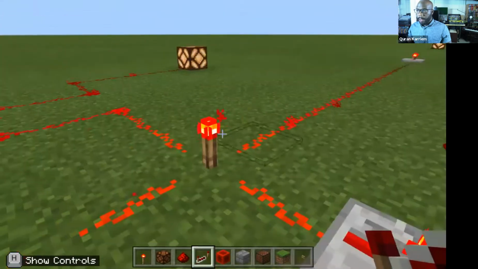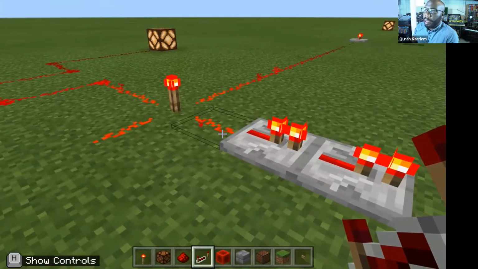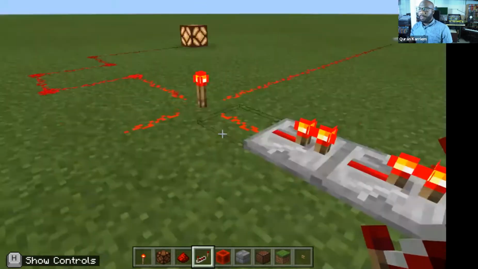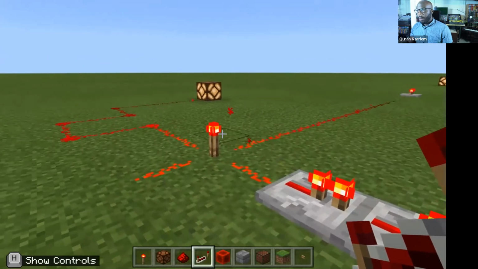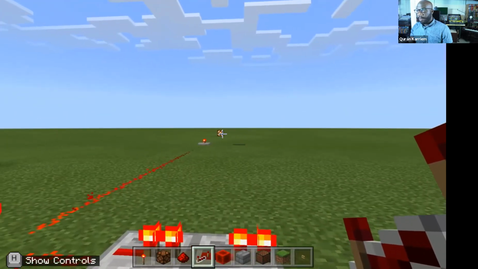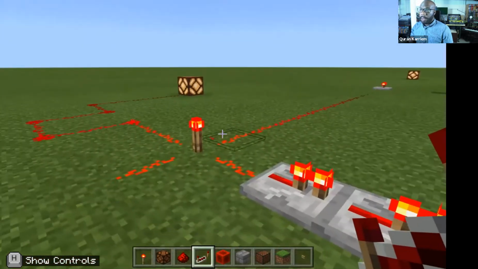So another thing that repeaters do is they delay a signal or an energy flow. So it extends the range, right? You see that lamp far off in the distance is lit up because there's a repeater in the middle.